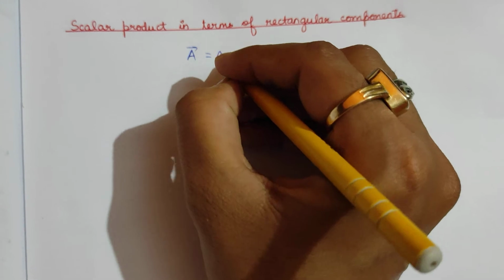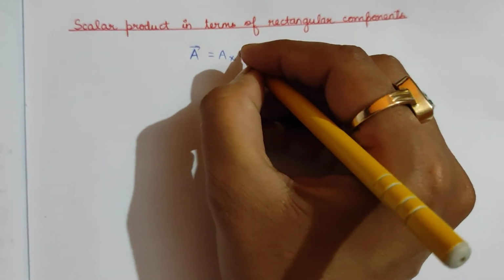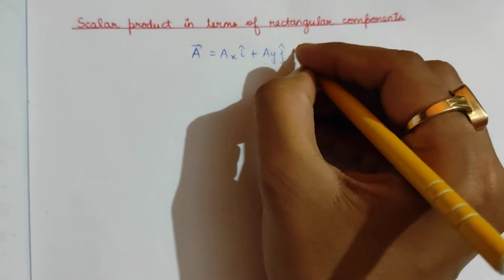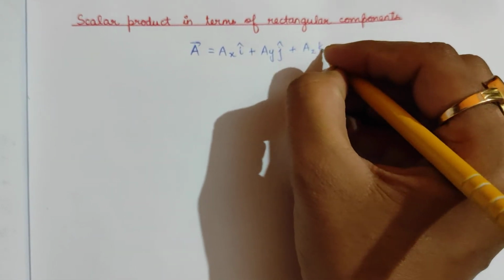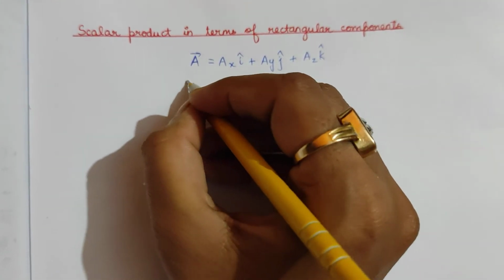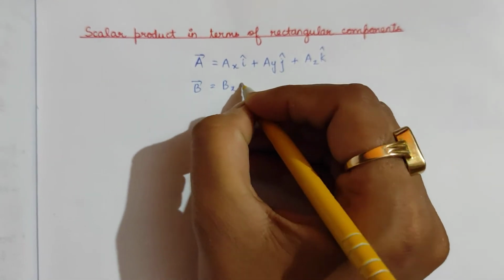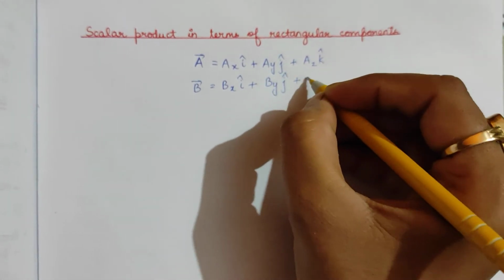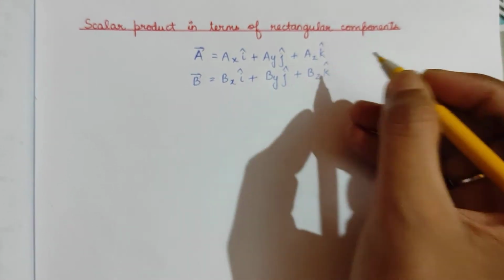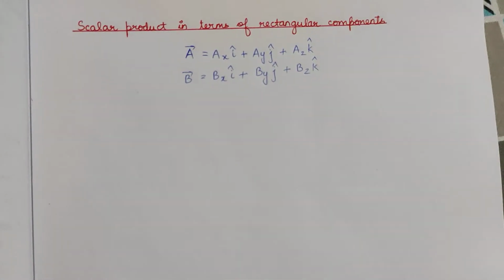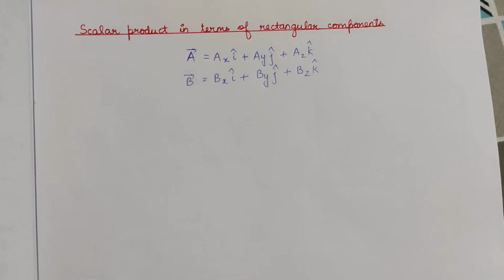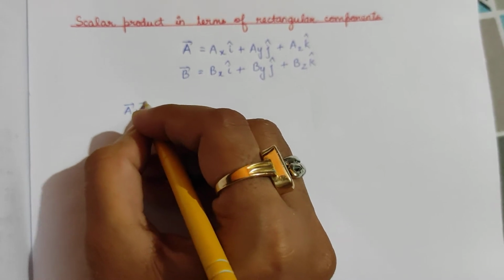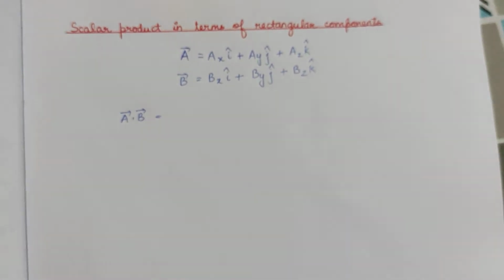It can be represented as vector A equals AX of unit vector I plus AY of unit vector J plus AZ of unit vector K. And vector B can be represented as BX unit vector I plus BY unit vector J plus BZ unit vector K. Now we are talking about scalar product of these two vectors, so we will find the dot product of these two.